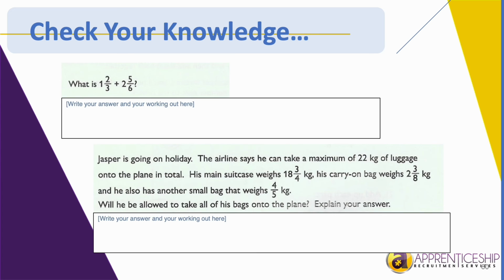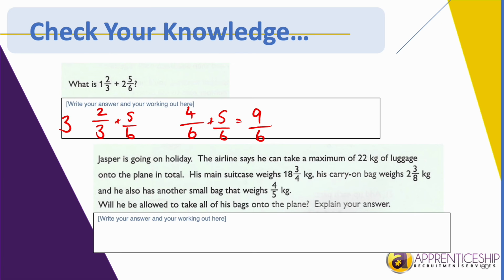so what is 1 and 2/3 add 2 and 5 sixths? So 1 add 2 is 3. Let's push that to the side. 2 over 3 add 5 over 6. What would we do here? We could multiply the bottoms together, but I can see that this first one we can turn into sixths. So it's going to be 4 over 6 add 5 over 6 equals 9 over 6.